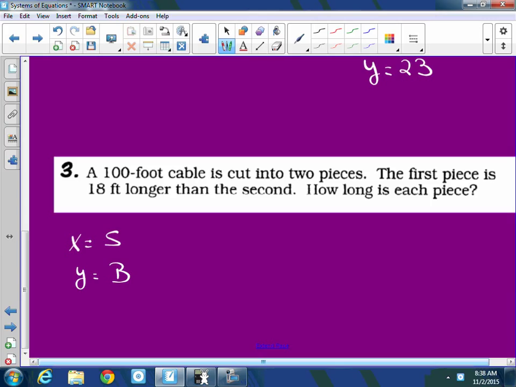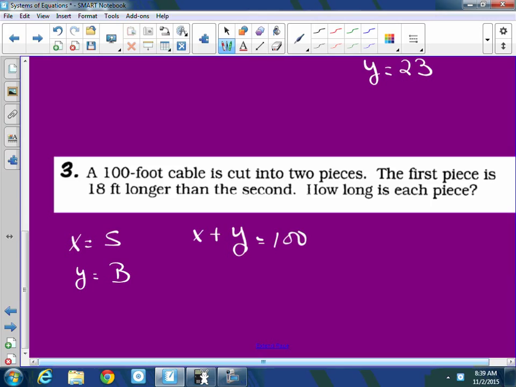If it's cut into two pieces and it was 100 feet, how would you translate that first equation? X plus y equals 100, very good, because it was 100 feet long and you cut it into two. Now, they're not cut equally because one is longer than the other.